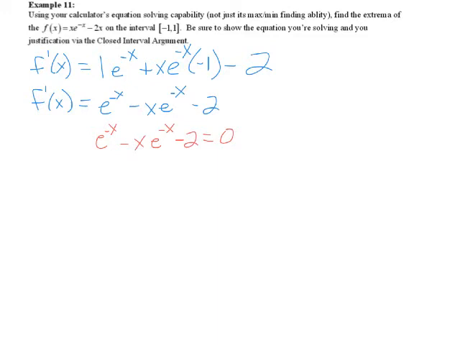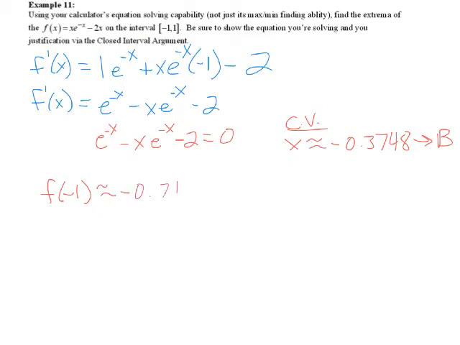And when we do that, we find that this equation gets a critical value of x approximately -0.3748. And we're going to store that as the value b. So when we run the candidates test on our calculator, f of -1 gives us approximately -0.71828.